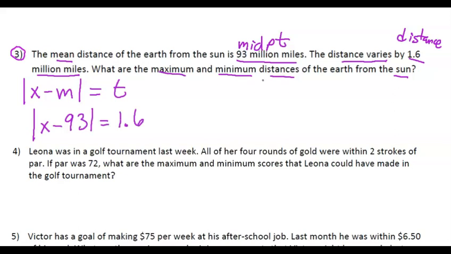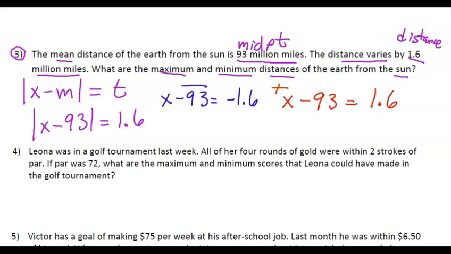To find the maximum and minimum distances, we're going to break up the absolute value into our two pieces, our negative piece and our positive piece. Our negative piece would be x minus 93 equals negative 1.6. And our positive piece would be x minus 93 equals positive 1.6. From there we'll solve each equation.